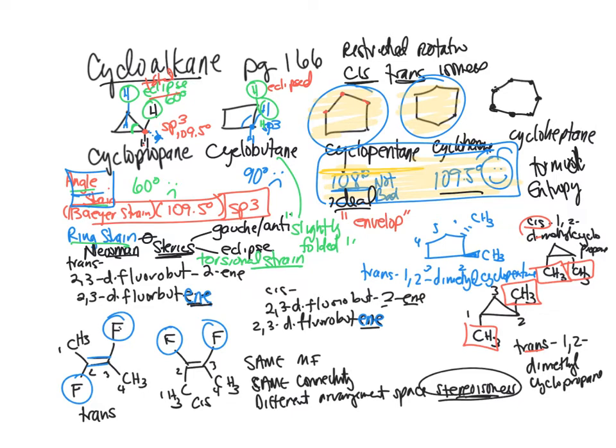Your envelope has an E. Okay, you all probably knew that. So the envelope conformation will do that, and the reason why is because then you have no eclipsed hydrogens. So this is another reason why these are ideal. Your cyclopentane is pretty good, 5-membered rings.